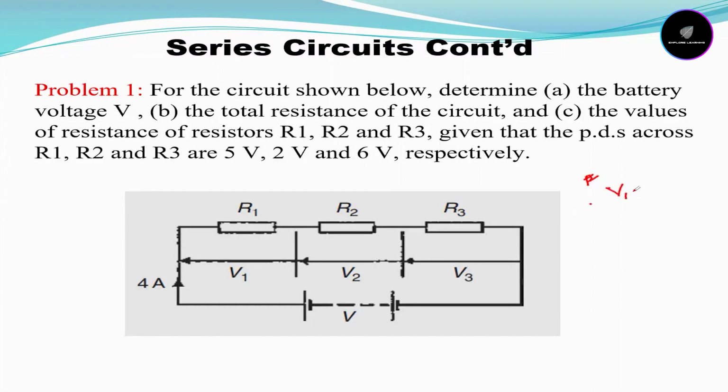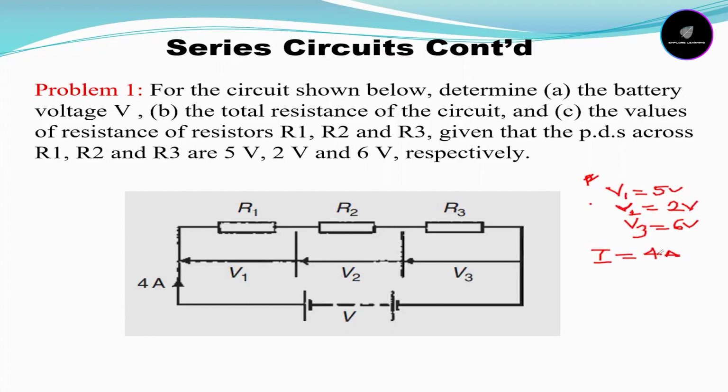V1 equal to 5 volts, V2 equal to 2 volts, V3 equal to 6 volts. We have I given to us as equal to 4 amps.